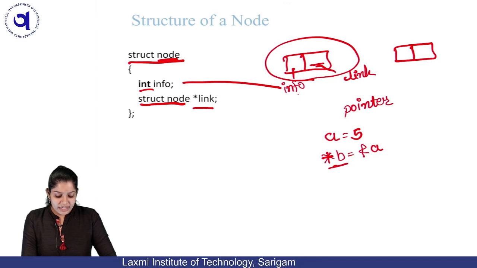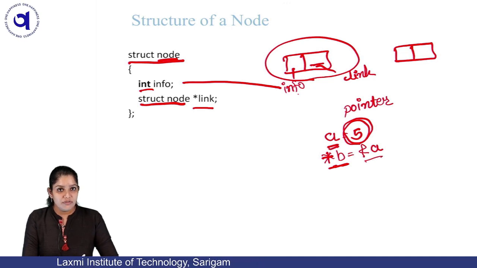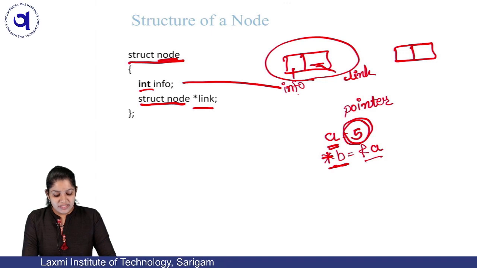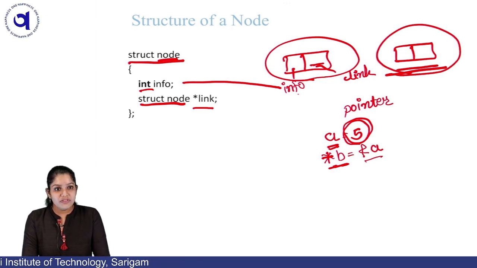The data type of this pointer depends on whatever data is stored in a, because it stores the address of that particular variable. And here, star link will store the address of the entire next node. The data type of this node is a structure, so that's why we have struct node and star link. I hope you understood the structure of a node.